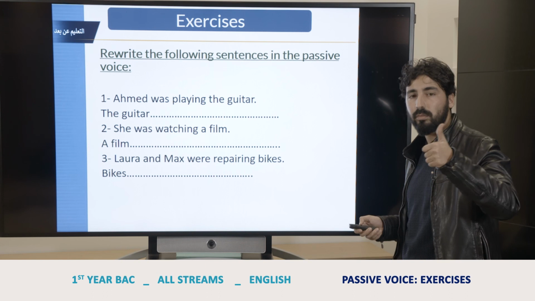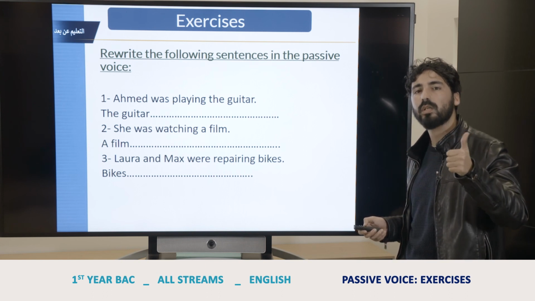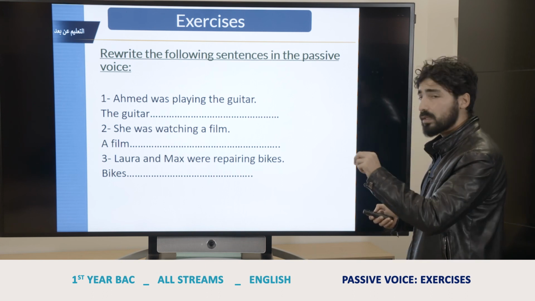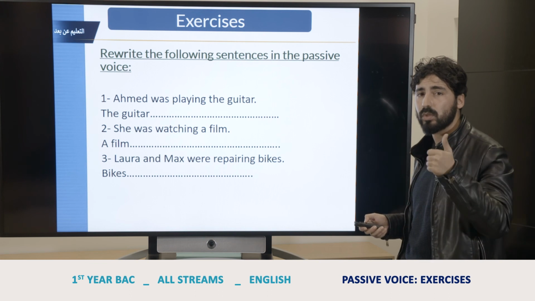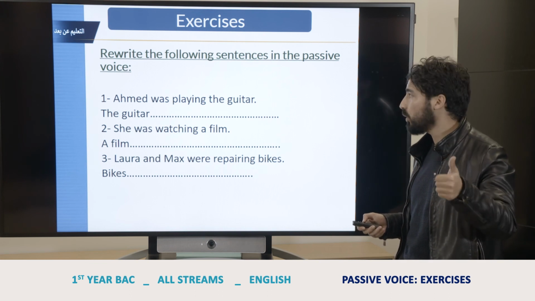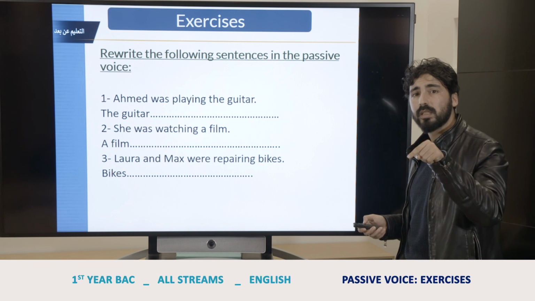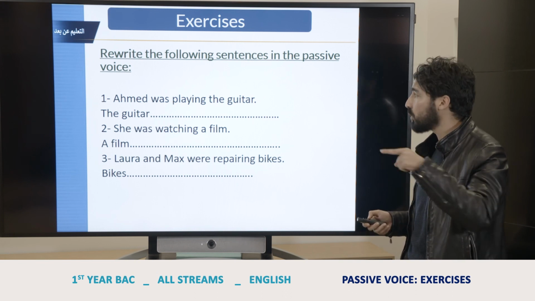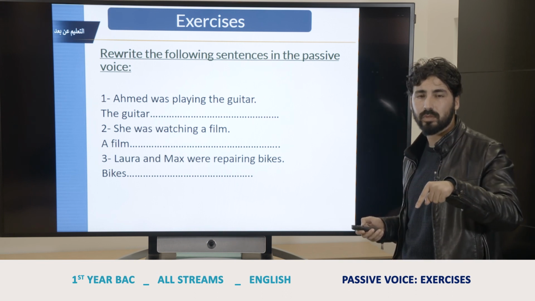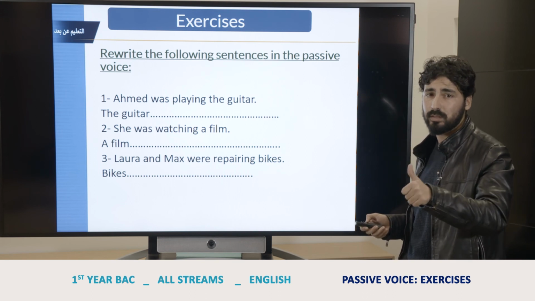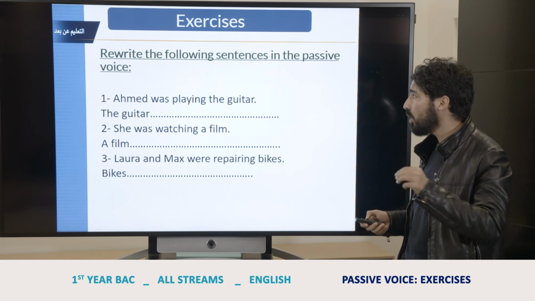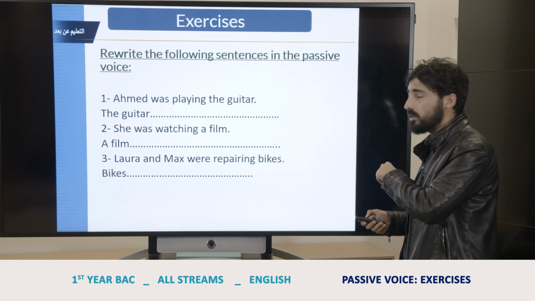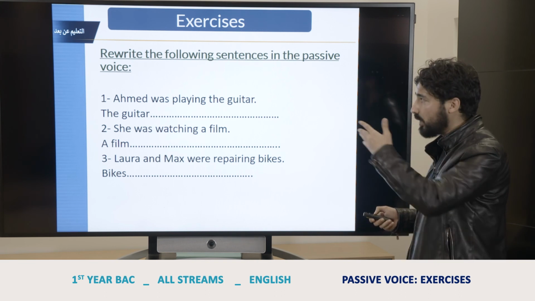It's was being or were being. The guitar is one, singular. I'm going to say the guitar was being plus the main verb play in the past participle. What is it? It's played, ed, it's regular. The guitar was being played by Ahmed, because we know.